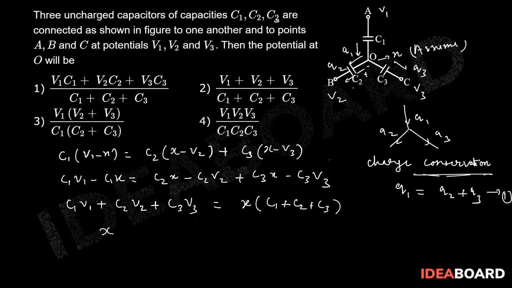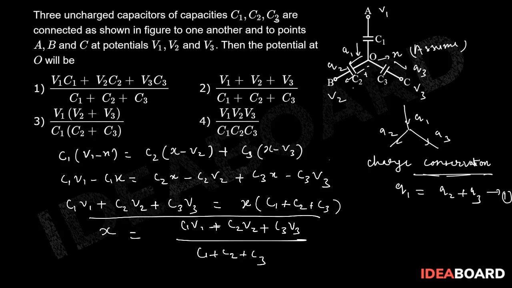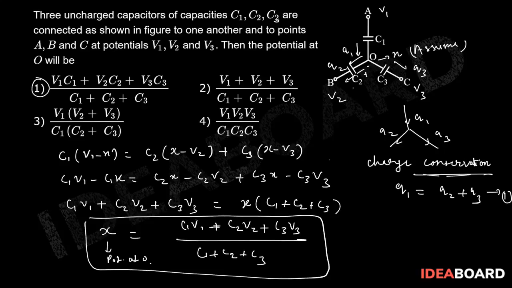So X will be (C1 V1 plus C2 V2 plus C3 V3) divided by (C1 plus C2 plus C3). This is the value of X, which is the potential at O. This was asked in the question. So which option is the correct answer? Option number 1 has to be the right choice.